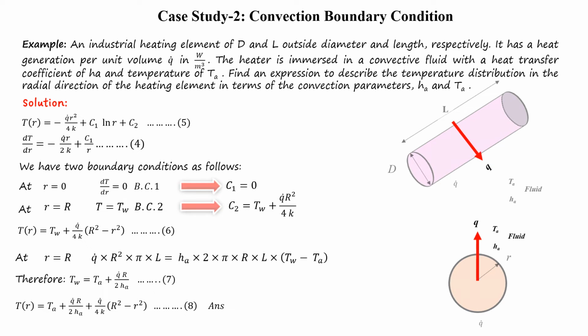Then T of r equals T sub A plus q dot capital R divided by 2 times h sub A plus q dot divided by 4k times capital R squared minus r squared, which at the end is a function of r.